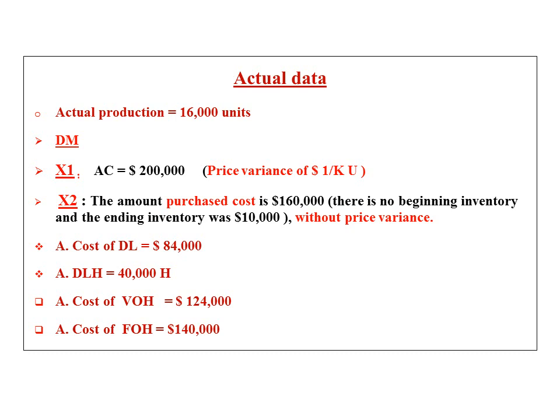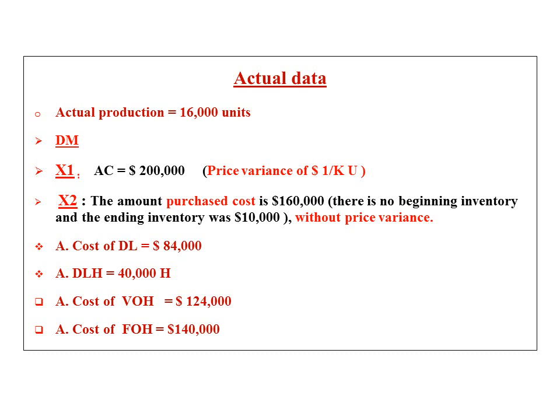You hear, unfavorable. Okay. X2: the amount purchased cost is 160,000, and there is no beginning balance of inventory, and the ending balance of inventory was 10,000. For X2, there is no price variance.